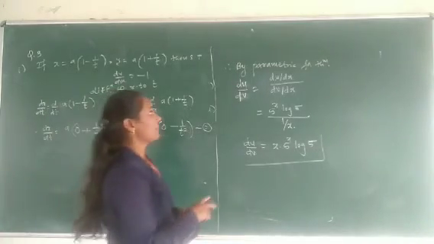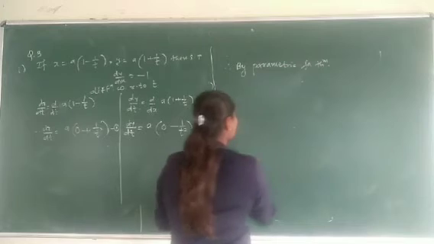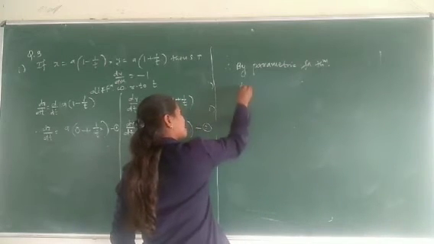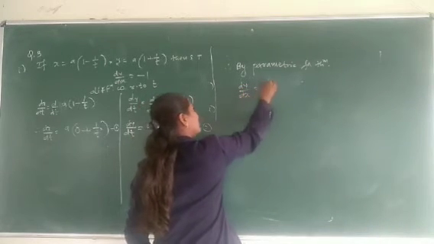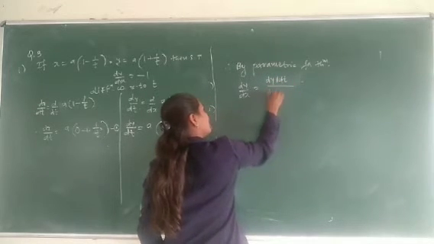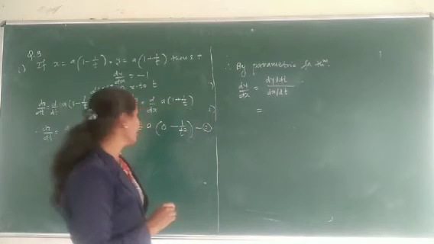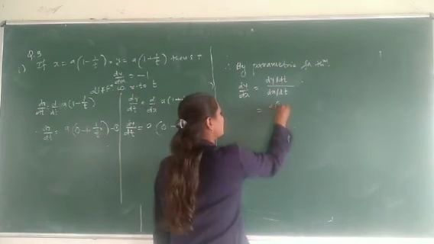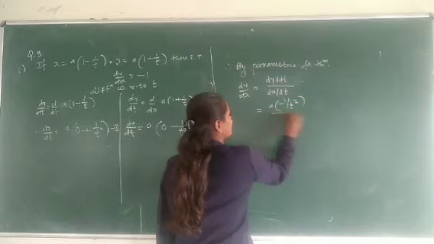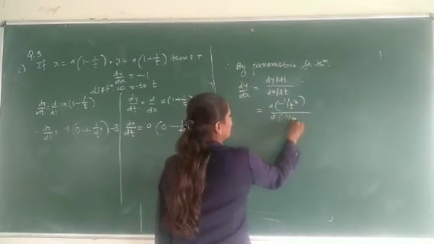We get the values of dx upon dt and dy upon dt. So again write my parametric function theorem. dy upon dx is equal to dy upon dt divided by dx upon dt. So what is the value of dy upon dt? A into minus 1 upon t square, and dx upon dt is a into 1 upon t square.